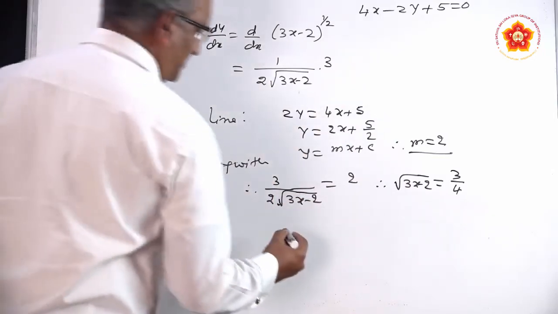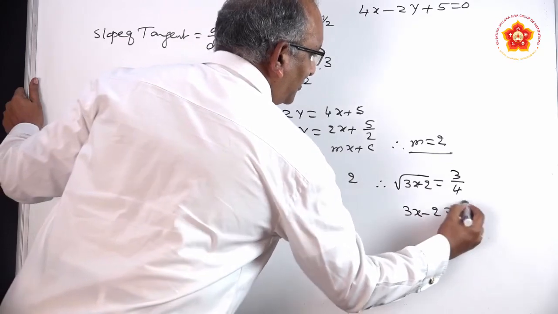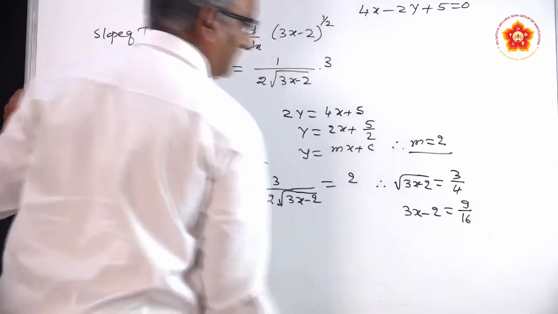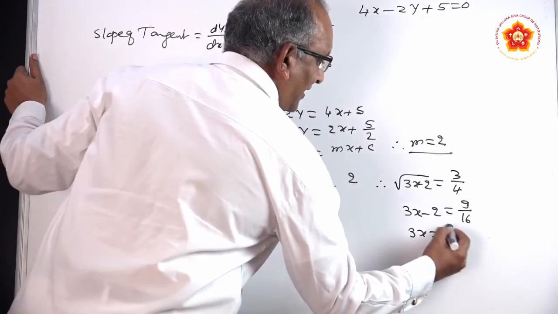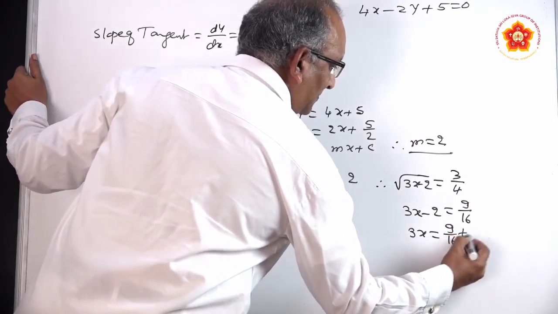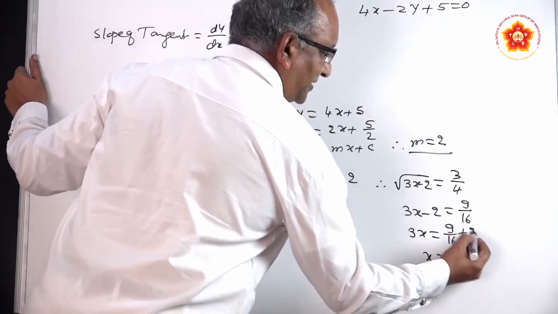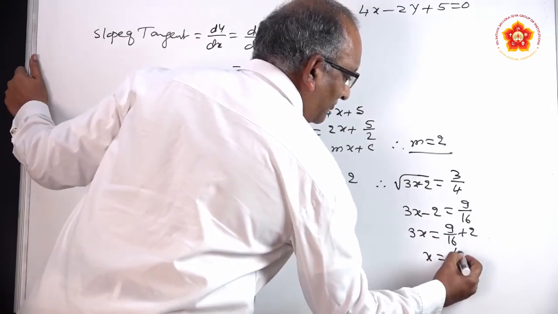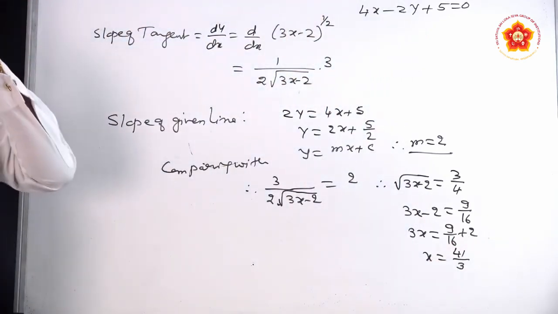Square both sides, you will get 3x minus 2 equal to 9 by 16. Take 2 other side, you will get 3x equal to 9 by 16 plus 2. x is equal to, simplify this, 16 2s are 32 plus 9, 41 by 3. So, the value of x is 41 by 3.